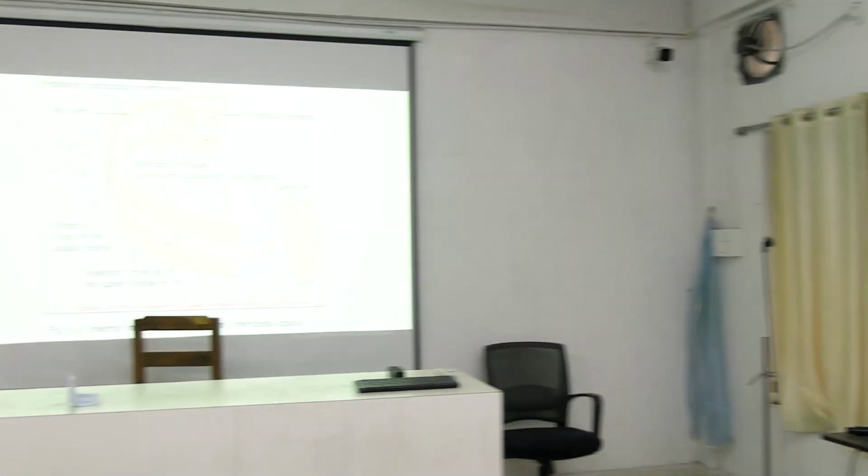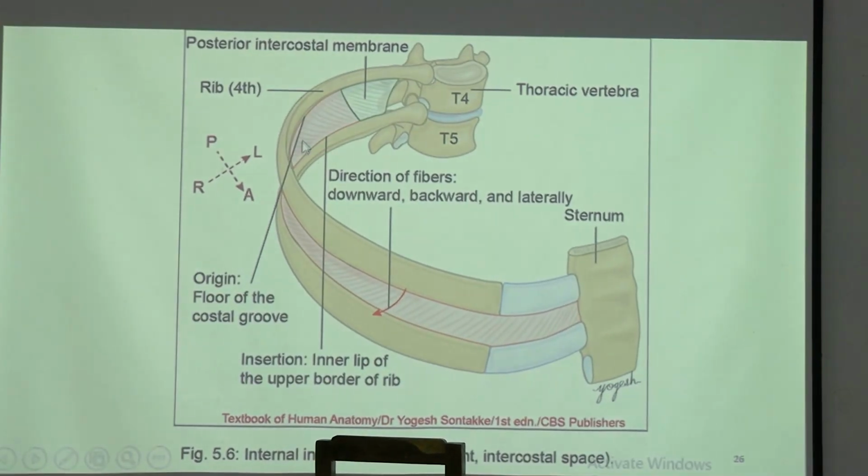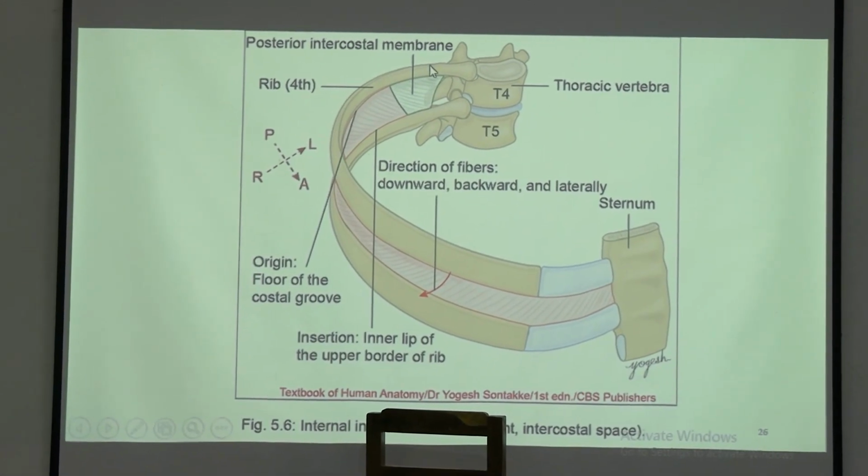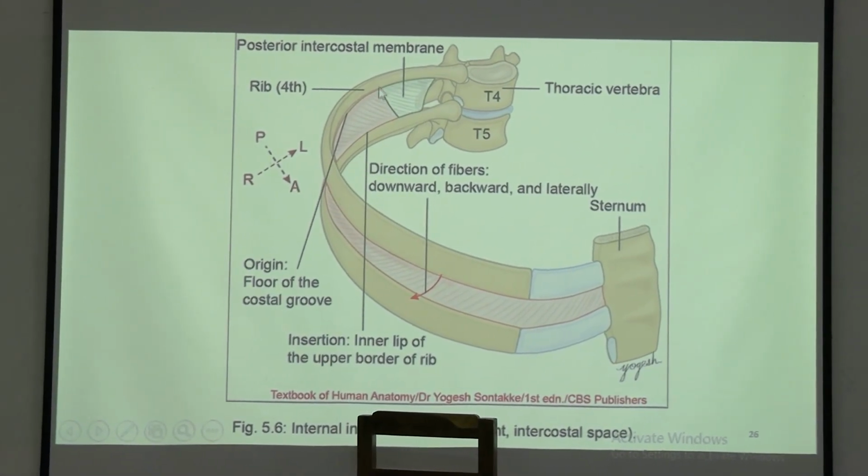It will say, only the external intercostal muscle will have a membrane-like appearance? Why not me? Yes, that is also present in the posterior part. The muscle becomes membrane-like in the posterior part.